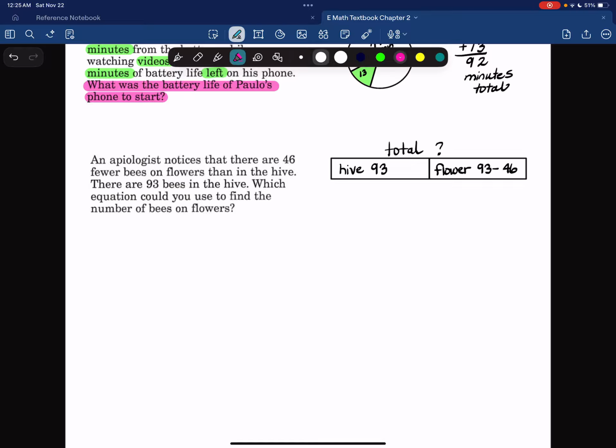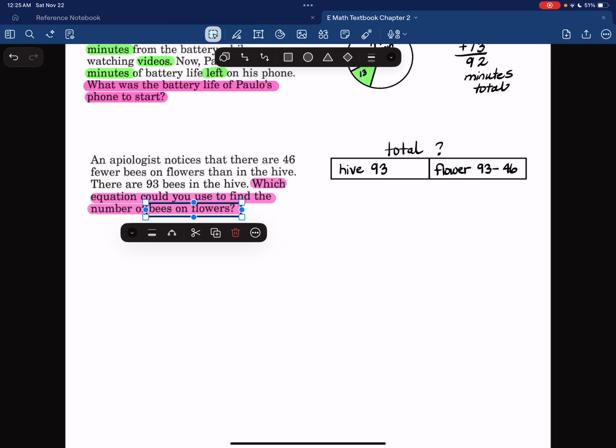Excuse me. The question is, which equation could you use to find the number of bees on flowers? So we don't know the total here, and we don't want to know the total here. We're interested in the number of bees that are on flowers.